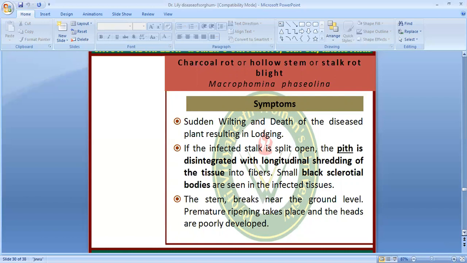When we open the infected stalk, the pith region is found to be disintegrated with longitudinal shredding of the tissues into fibers. Small black sclerotial bodies are seen in the infected tissue. The stem breaks near the ground level and premature rotting takes place. The heads are poorly developed.